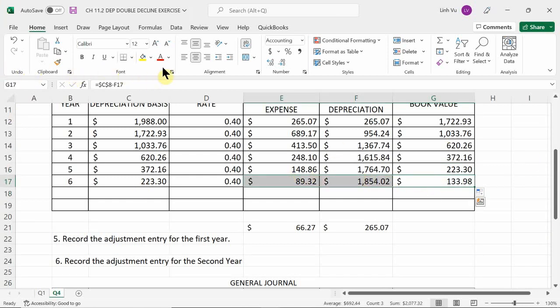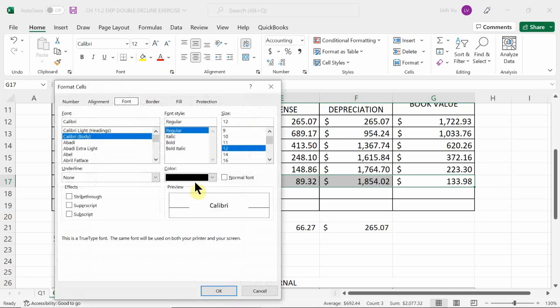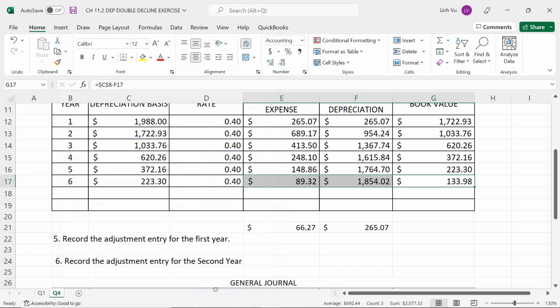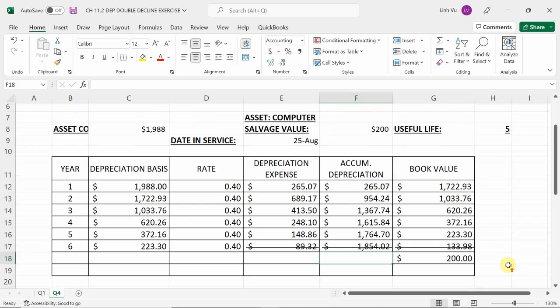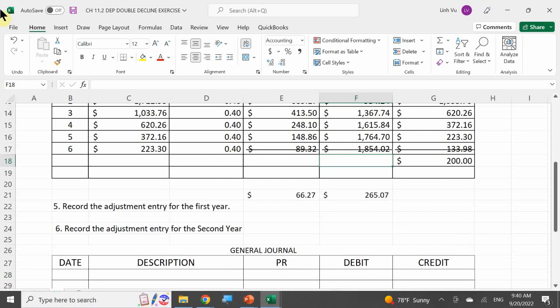I need to figure out what it takes to get my book value to equal my salvage value. So it can't be this number. It has to equal 200. Let's actually utilize math here.